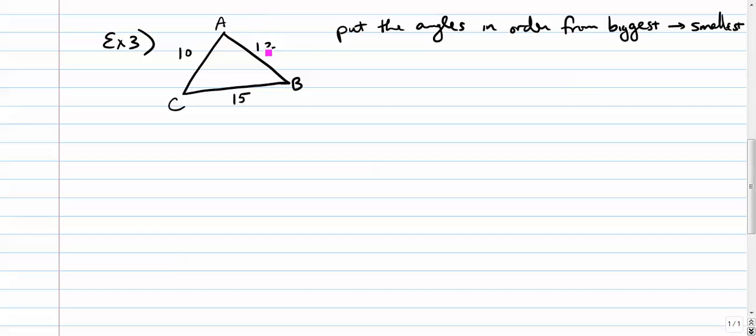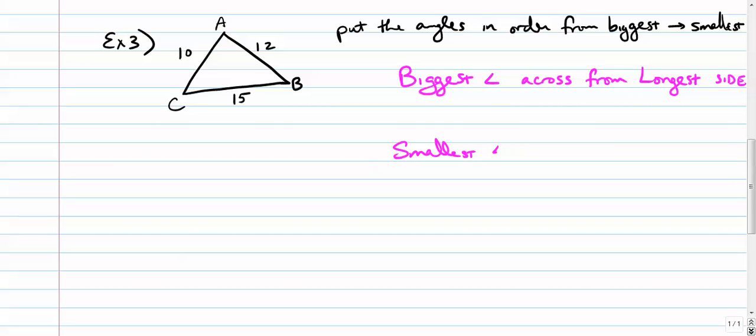There's a nice correlation between sides and the angle that is across from it. 10 corresponds with angle B. 15 corresponds with angle A. The rule is very simple: the biggest angle is across from the longest side, and the smallest angle is across from the shortest side.